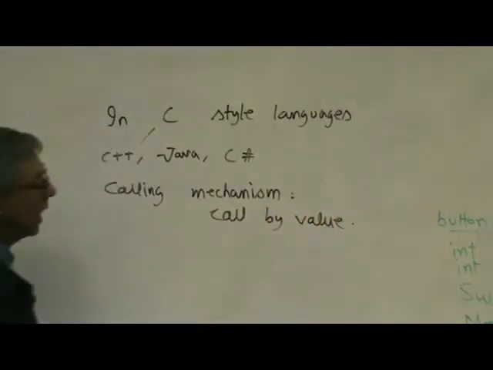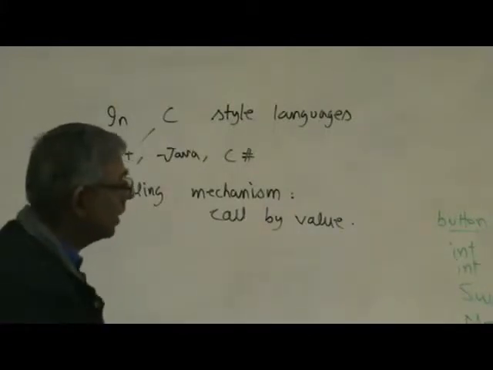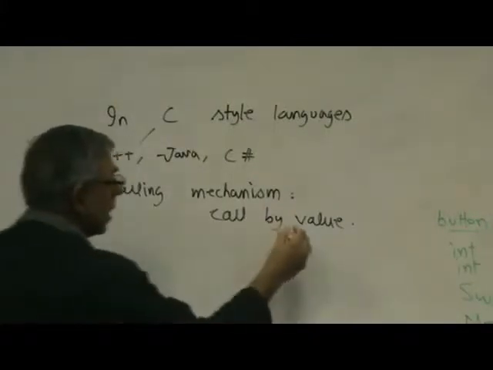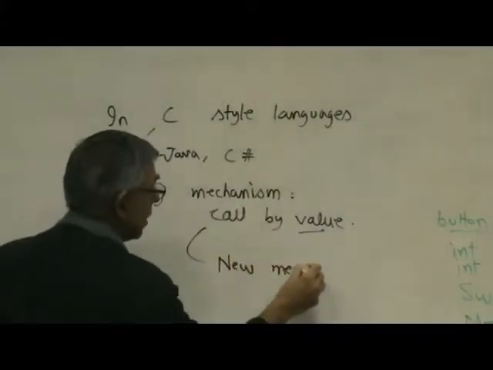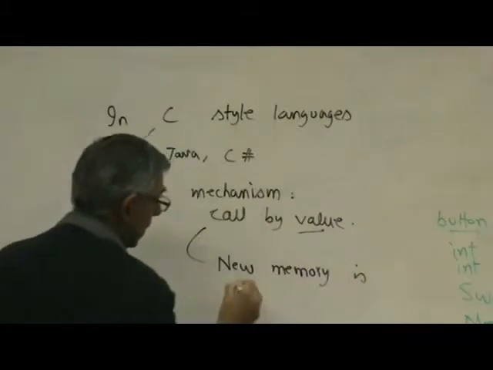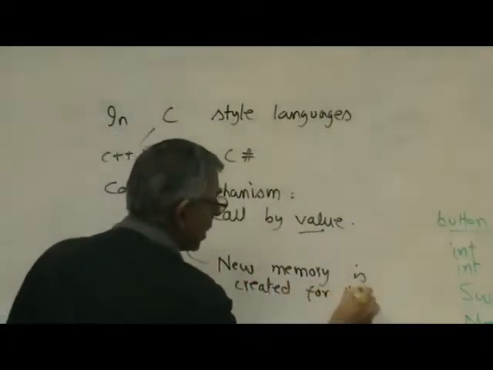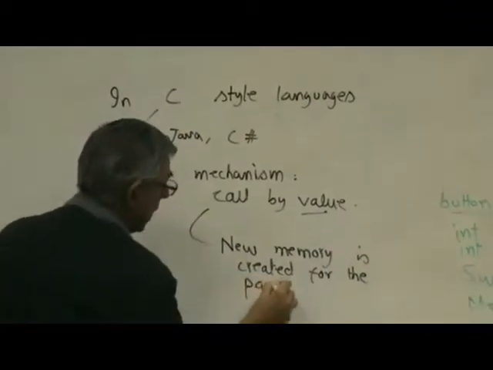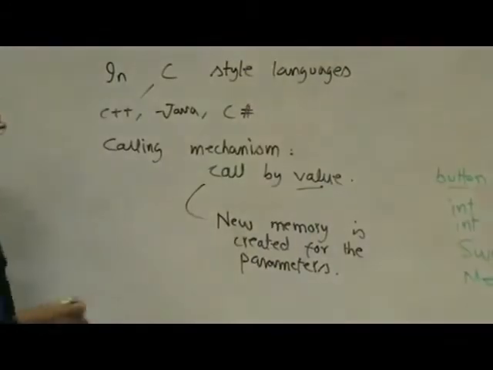What exactly do we mean by call by value? In call by value, new memory is created for the parameters, and then we copy the data from the corresponding arguments into the new memory.